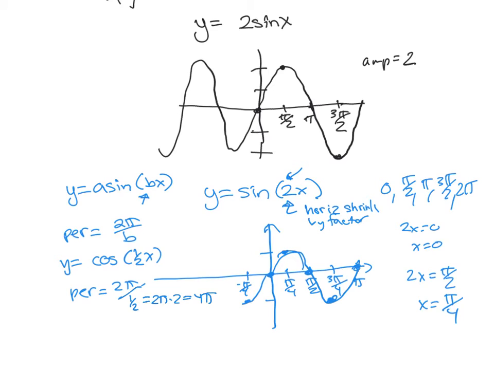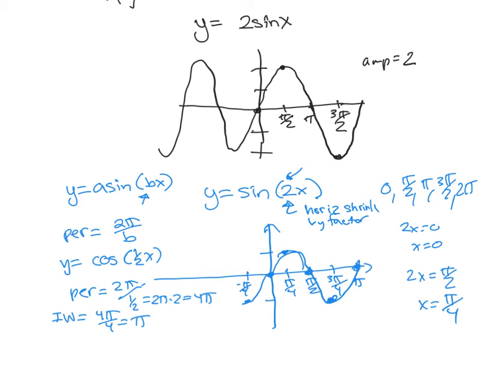So if I'm plotting cosine of 1/2 x and the period's 4 pi, the interval width between my points is going to be 4 pi over 4, or pi. And in fact, that interval width wouldn't change if we did a horizontal shift too.